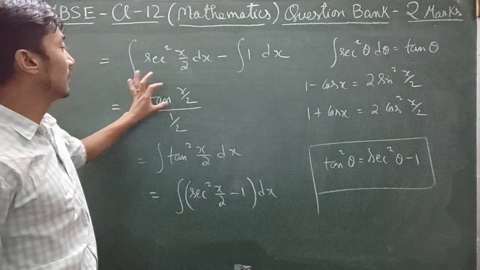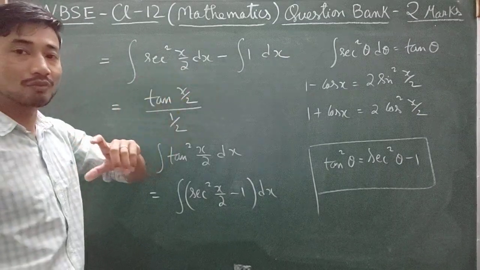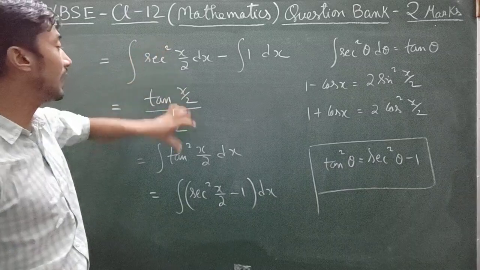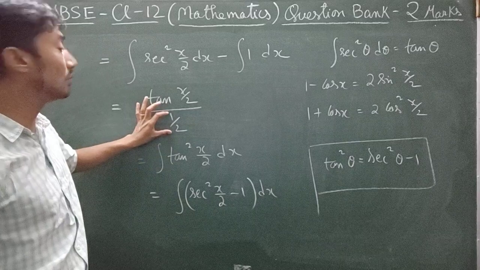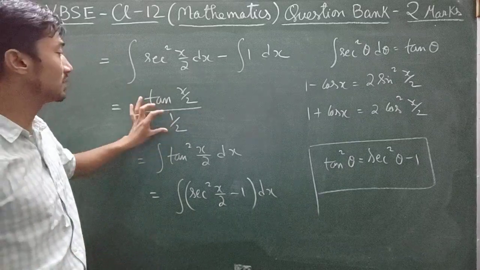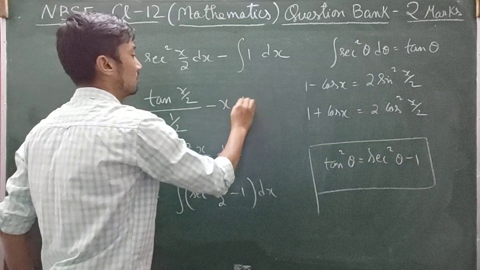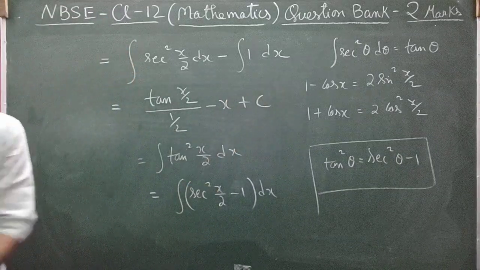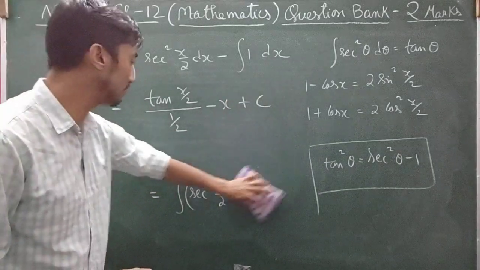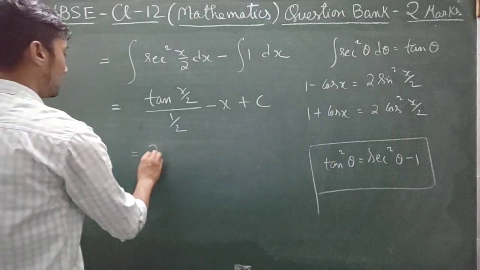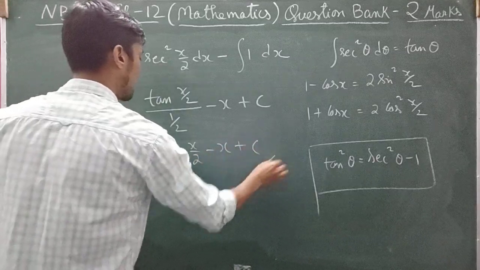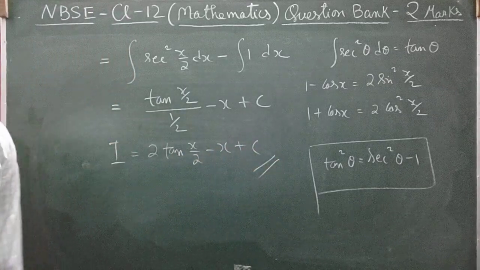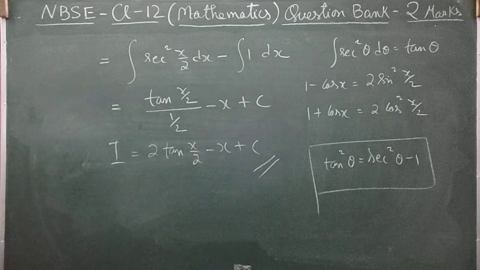You can substitute and find out, but if you want to do it directly, as I've told you, just divide the whole integrand value by the coefficient instead of substituting for simple substitutions. Minus x plus c. I'll provide a link below if possible. So that will be twice tan x by 2 minus x plus c. So this is my solution: twice of tan x by 2 minus x plus c.